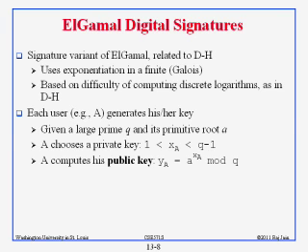They are based on the difficulty of computing discrete log, just like in the encryption. So what you need is a large prime Q and a primitive root A.